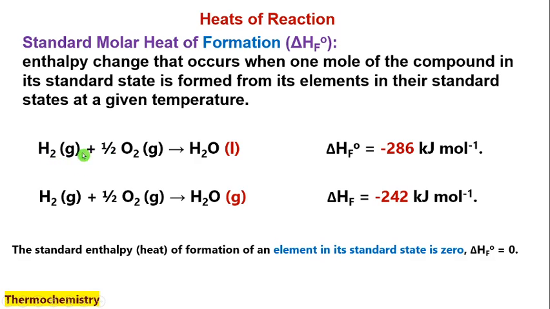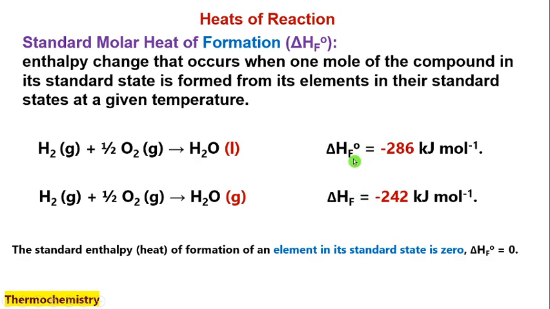Hydrogen is gaseous at 25 degrees Celsius and 1 atmosphere pressure. Oxygen is gaseous. Water at atmospheric condition is in liquid state, right? So then I can write it as delta HF naught. If I conduct a reaction where the H2O is in the vapor phase, then it is not standard, it is simply the heat of formation. That's the major difference between the two. This is the heat of formation, this is the standard heat of formation.